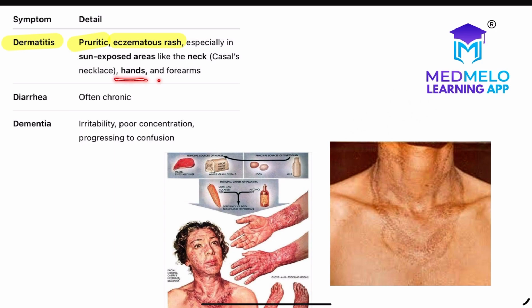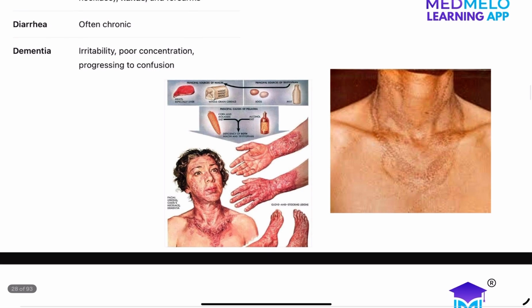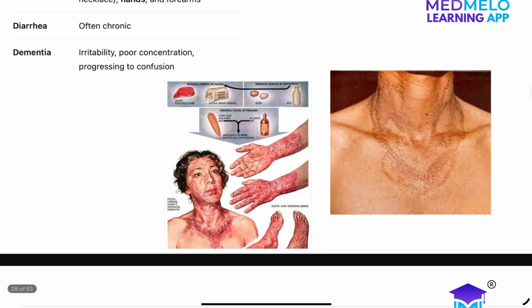Next, on the hands and forearm. The next one is the diarrhea, which is often chronic, and then dementia. There is irritability, poor concentration, and progressing to confusion.